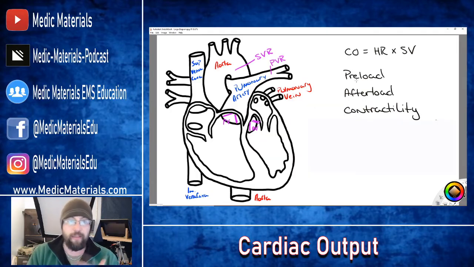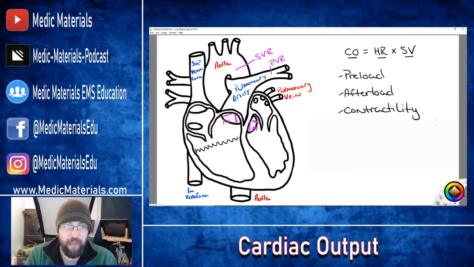So now we're looking at the larger picture of the heart here. We still have cardiac output equals heart rate times the stroke volume, and we know the stroke volume is preload, afterload, and contractility. So what do I mean by these? The preload is how much the ventricles will fill with blood prior to beating, and the force that these ventricles must stretch to accommodate all of this fluid.